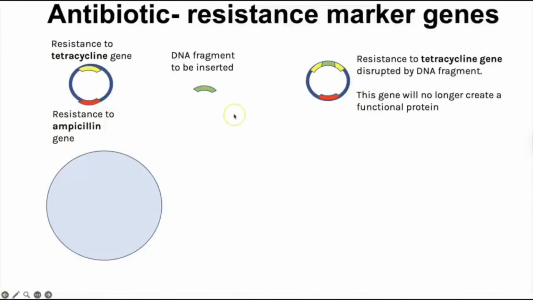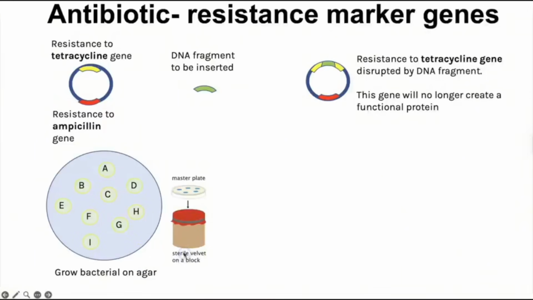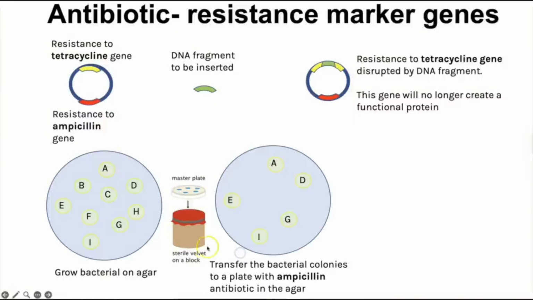So to work out which bacteria have taken up the plasmid, the recombinant plasmid, you would grow your bacteria on agar, and we can see all the colonies here that have grown, and we've labelled them. You then use a sterile velvet block to make an imprint of this master plate and copy all of those colonies onto a second agar plate.